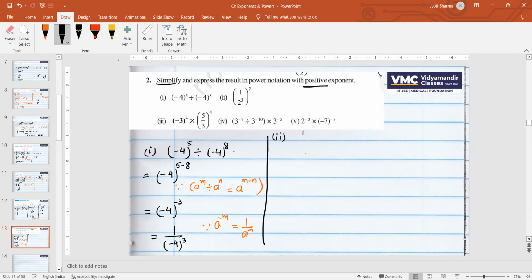Second part. This is, there is a law that both numerator and denominator.